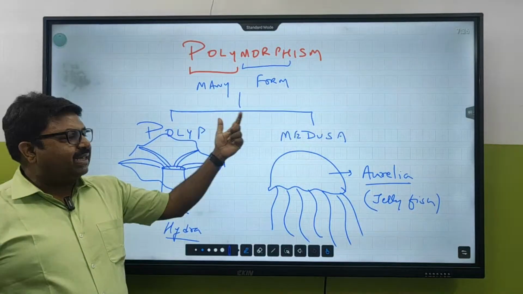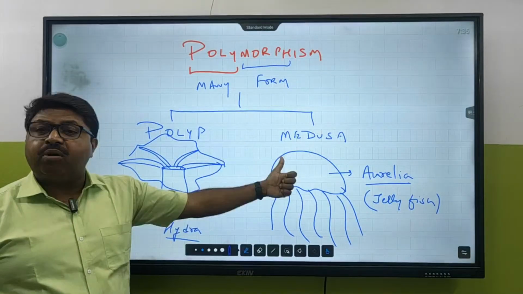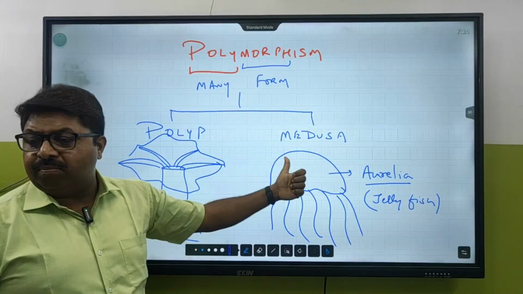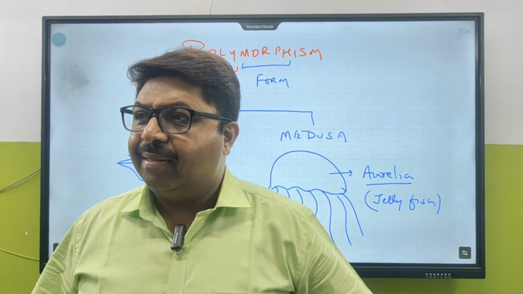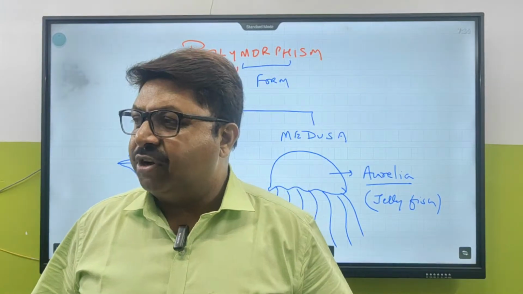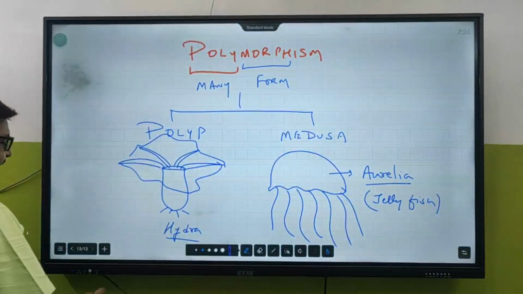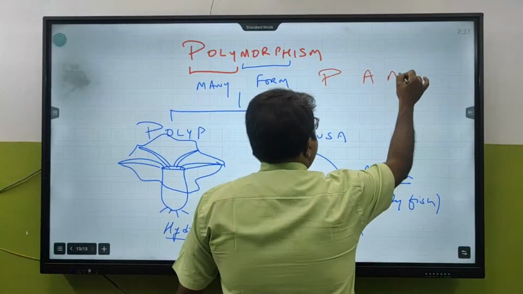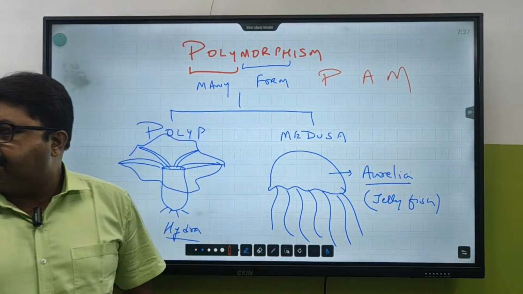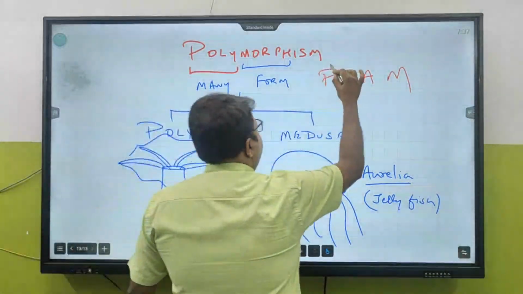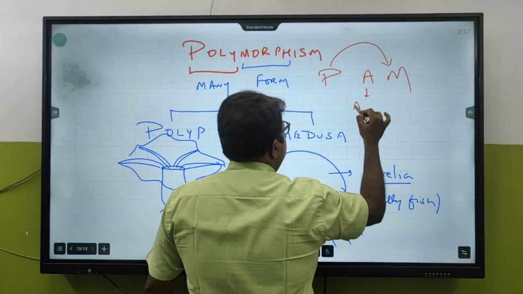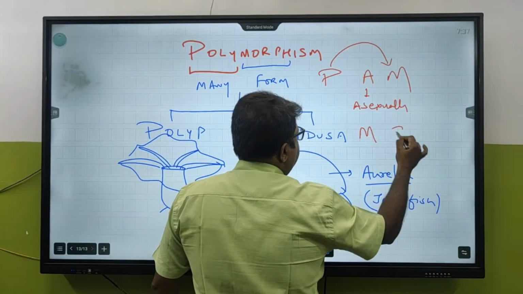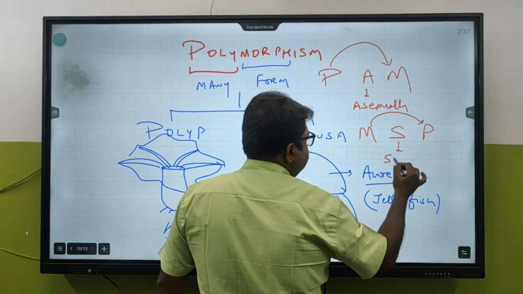But they can remain in polyp as well as in medusa form. And they can interchange their form. We call this interchanging of form alternation of generation. That means polyp can change into medusa asexually, and medusa can change into polyp sexually.